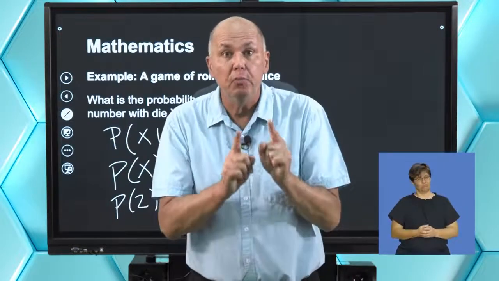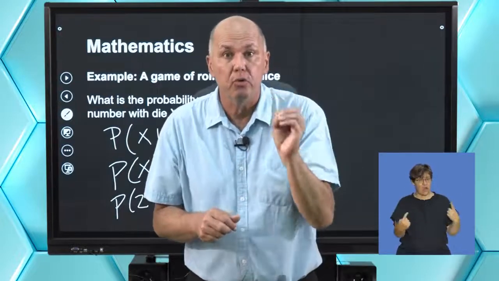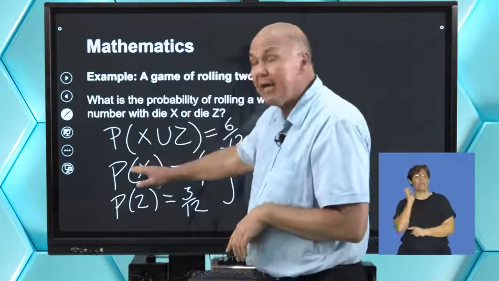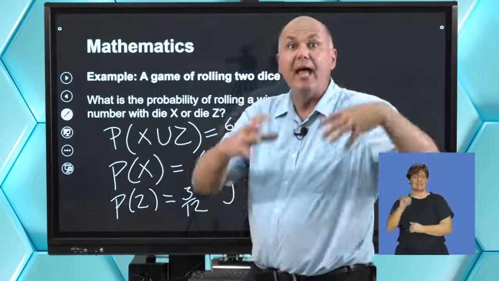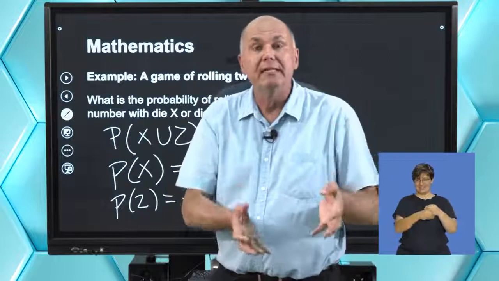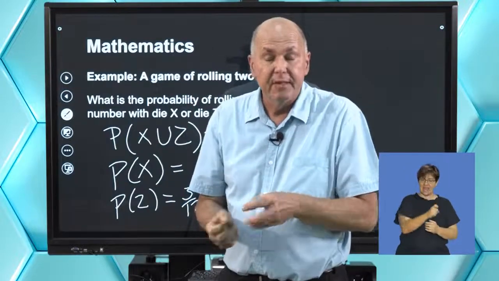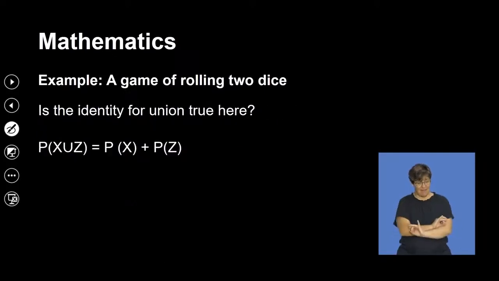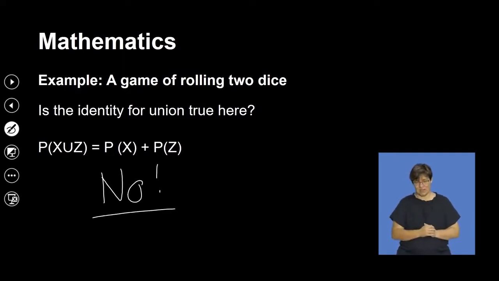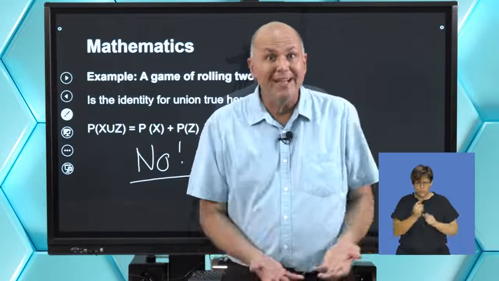Because if they were mutually exclusive, then the OR rule would apply. We'd be able to take the probability of X plus the probability of Z, and it would add up to the probability of X or Z. But that's not the case. So let's be very clear. Is the identity for union true? And the answer is definitely no. It is not true. We've shown you the values.